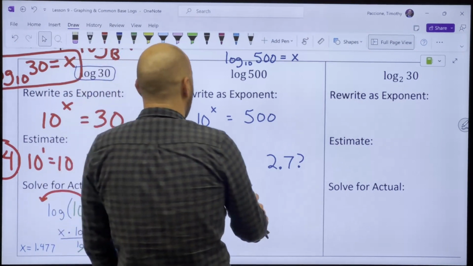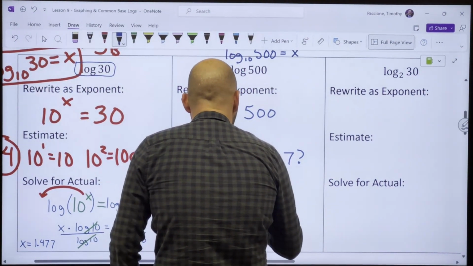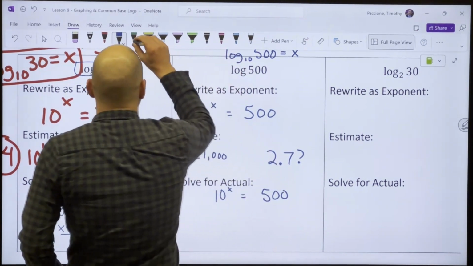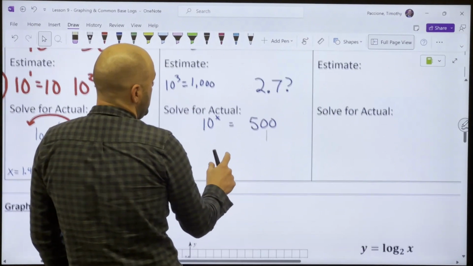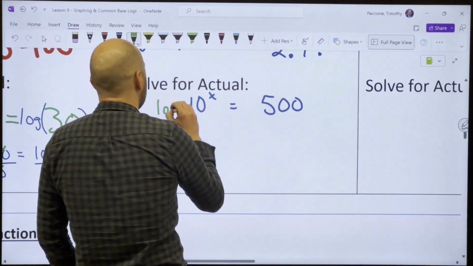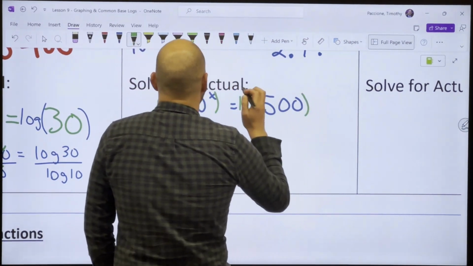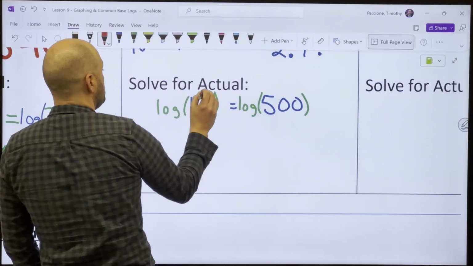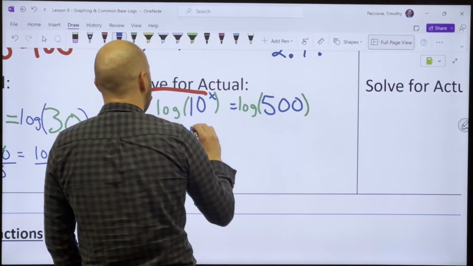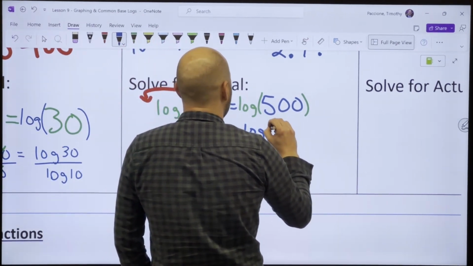All right, so now we find the actual answer. So I have 10 to the x equals 500. And because we don't know that, we have to find the x. We get it out of the exponent by logging both sides. Log, and this x comes out over here, and I end up with x times log of 10 equals log of 500.